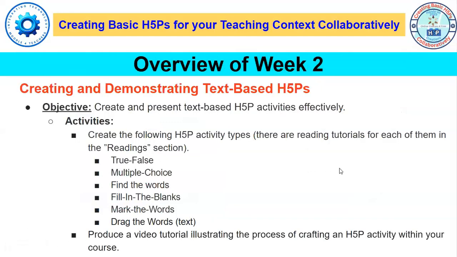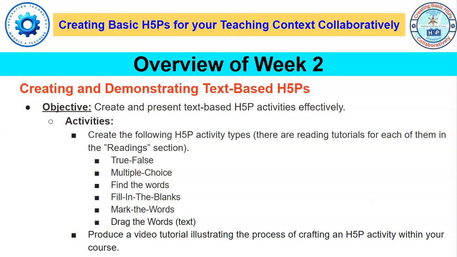So we're going to create activity types, these 6 types: true false, multiple choice, find the words, fill in the blanks, mark the words, and drag the words, everything with text, no images. And then you're going to produce a video tutorial showing the process of crafting an H5P activity within your course.